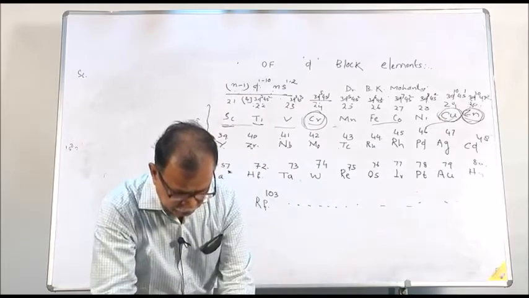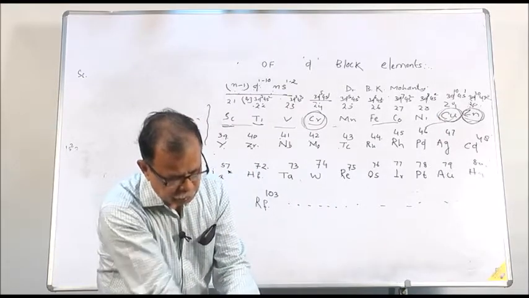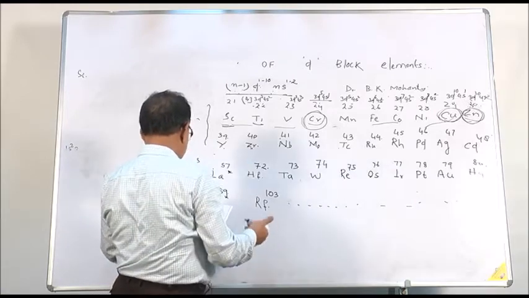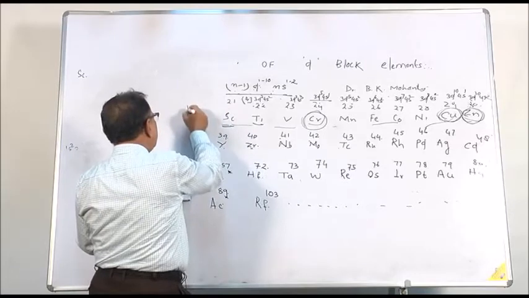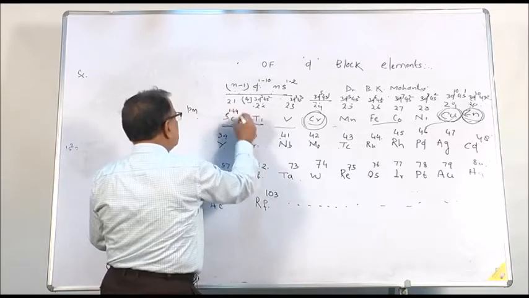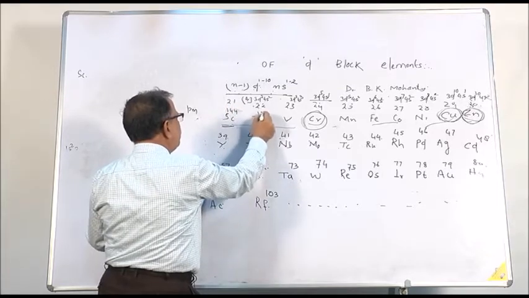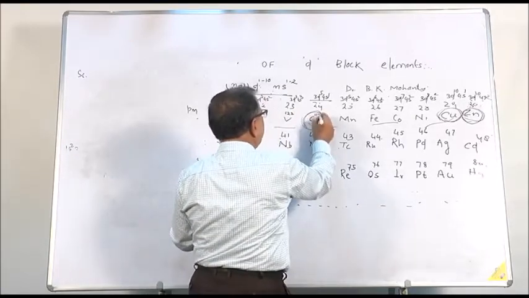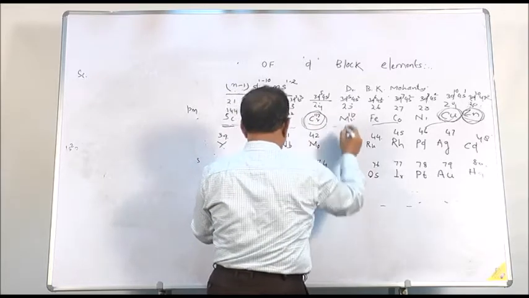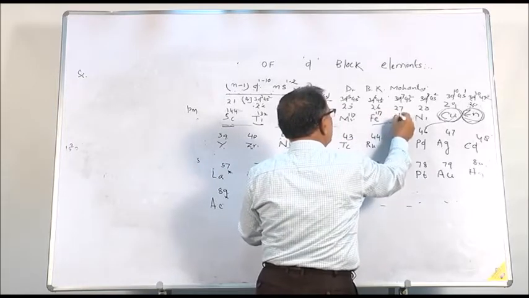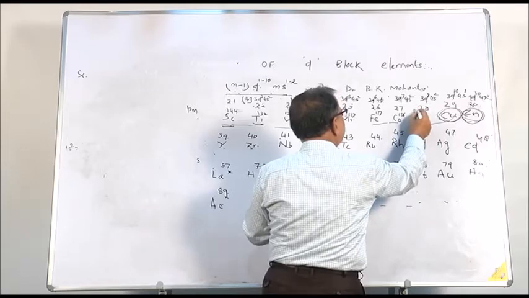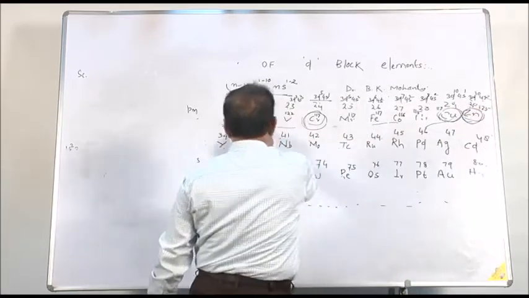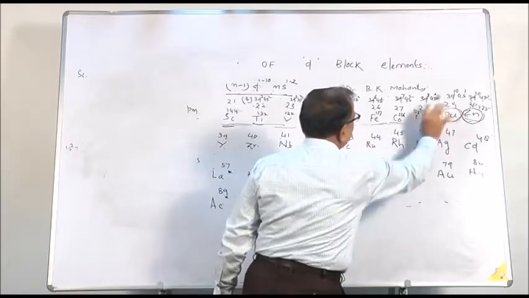I will give you the exact values in picometers: scandium 144, 132, 122, chromium 117, manganese 117, iron 117, then 116, 115, 117, and 125. First the size gradually decreases, then remains constant, then increases.